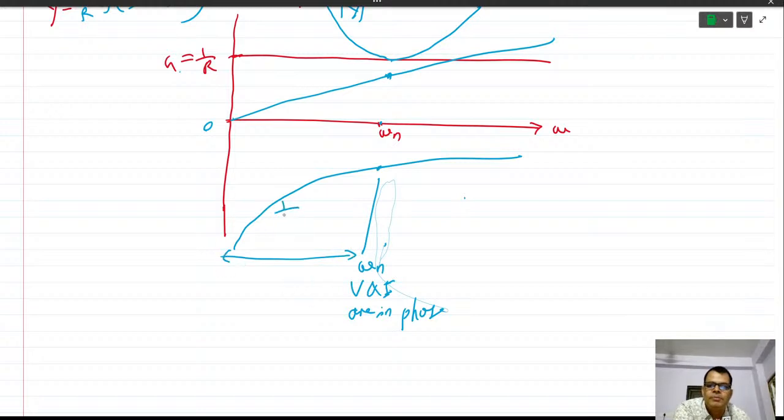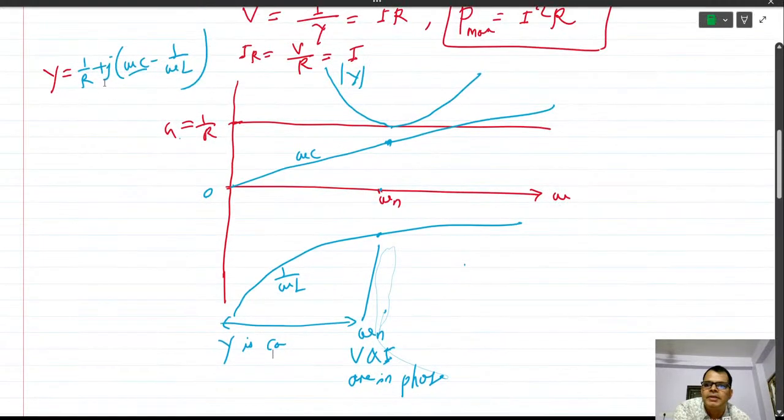This is your 1 upon omega L, and this is your omega C. That means Y is inductive or capacitive? Y is capacitive, because you see here, this is your Y.